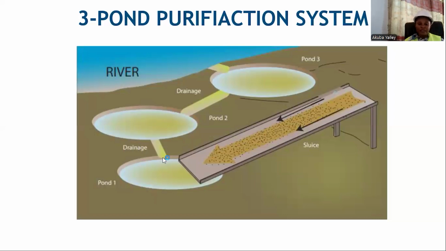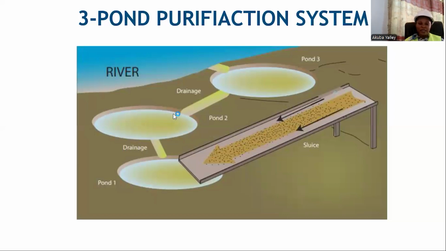And there is a sort of decline, or a step down, to allow the water to flow through by gravity again. At this pond 2, still by gravity, the little sediments contained within the pond will continue to settle.